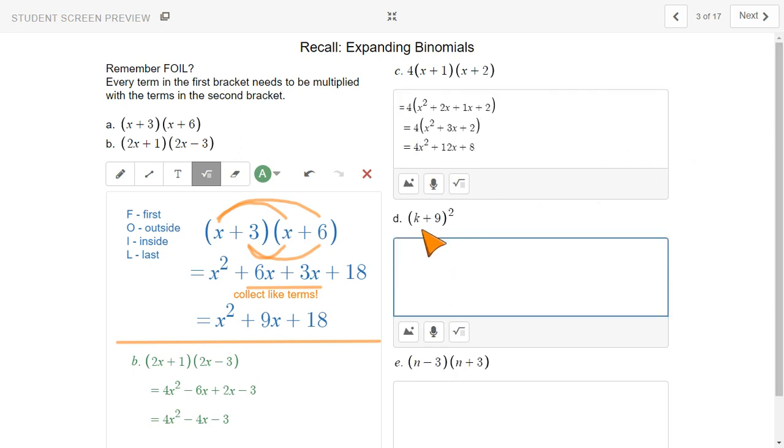Part D, k plus 9 all squared. So remember, if I have something that's all squared, the exponent means we have to take the base and we're multiplying it by itself.